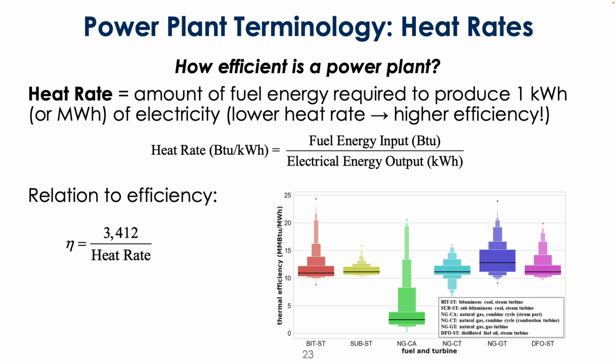These three are natural gas, and this one is oil. Natural gas is actually going to be substantially more efficient than coal, but it doesn't look like it here. I will explain why in a couple minutes.